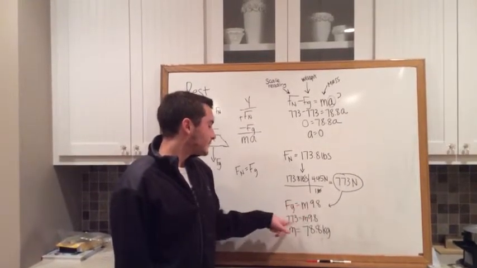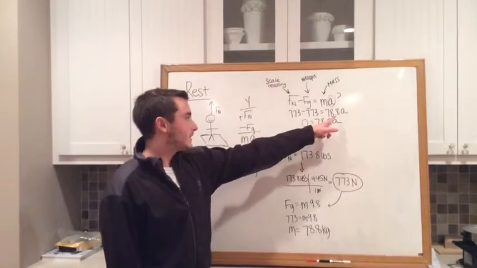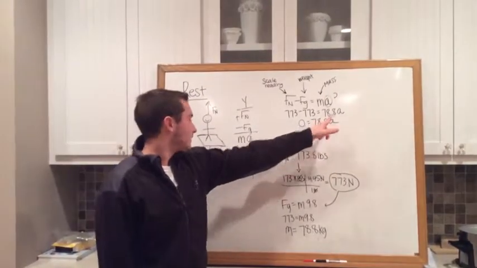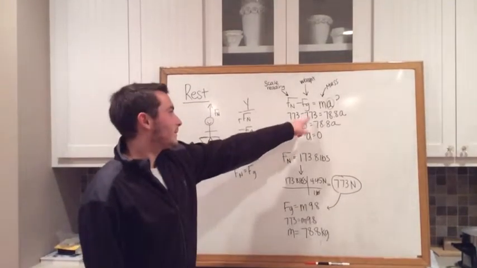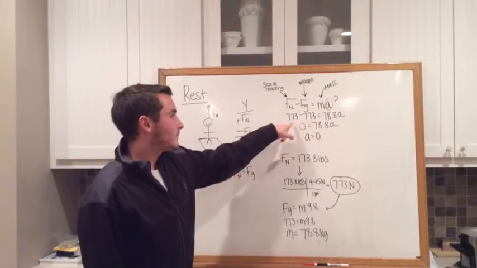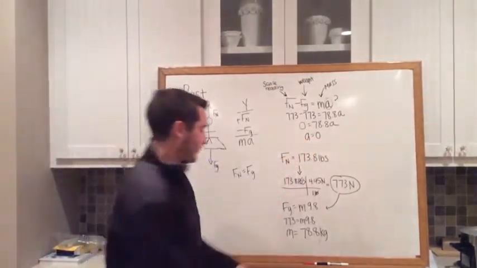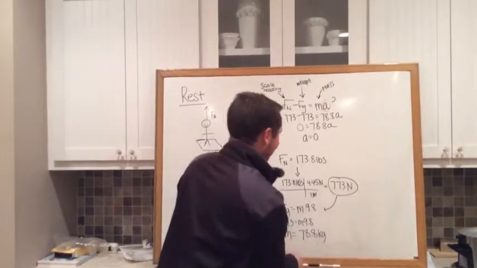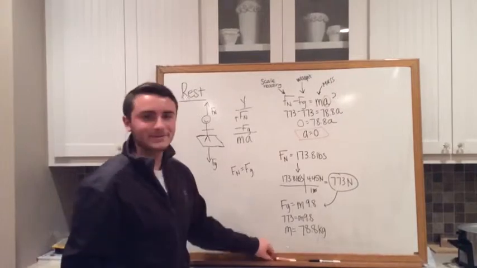We divide, find the mass, and like I said, F_N equals F_g, so we put 773 in there, and we find the acceleration is 0. There's your answer at rest.